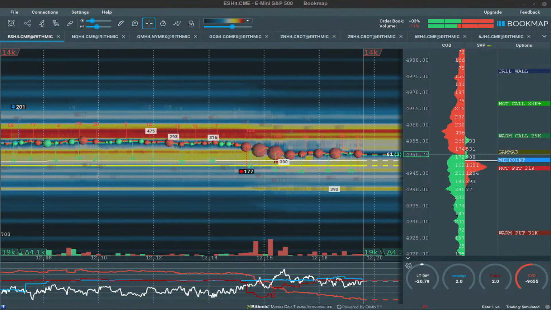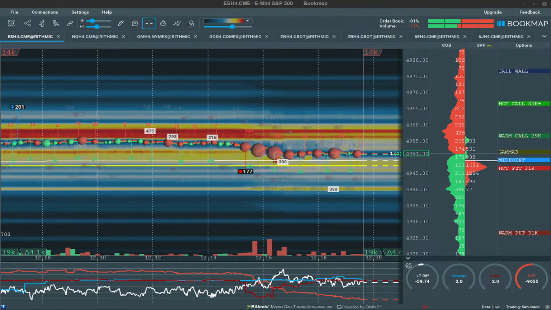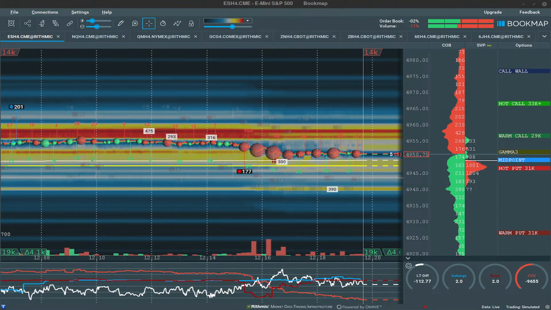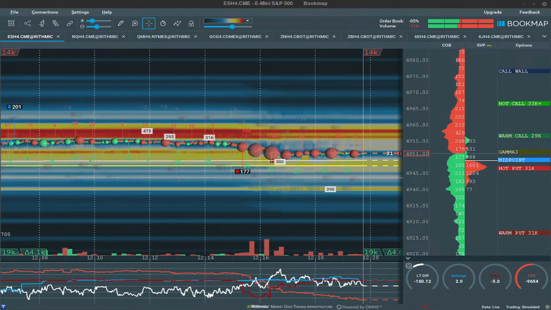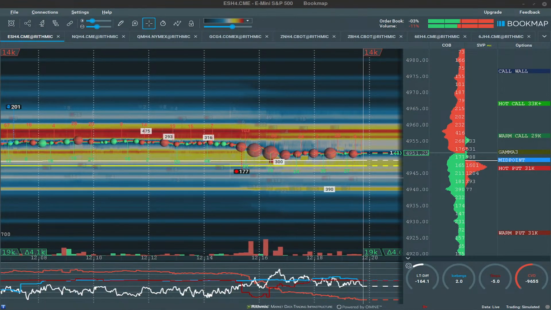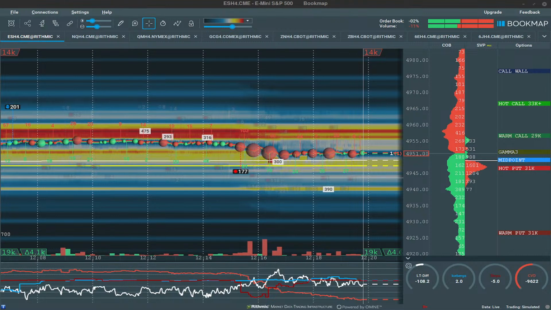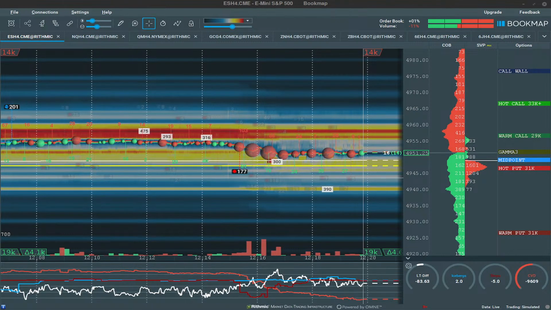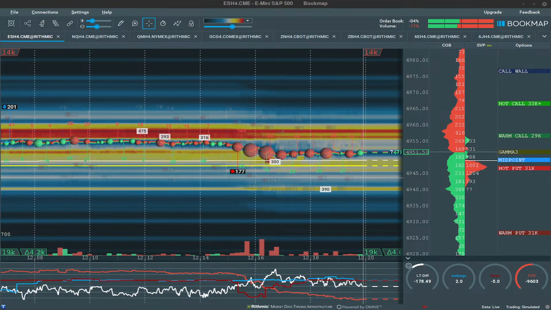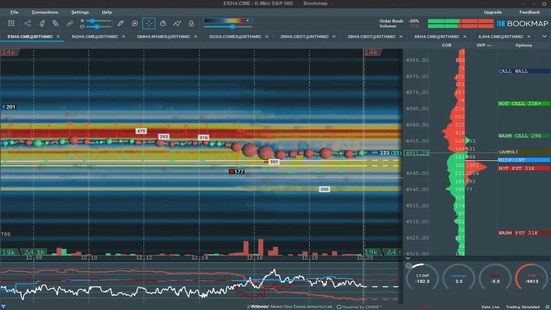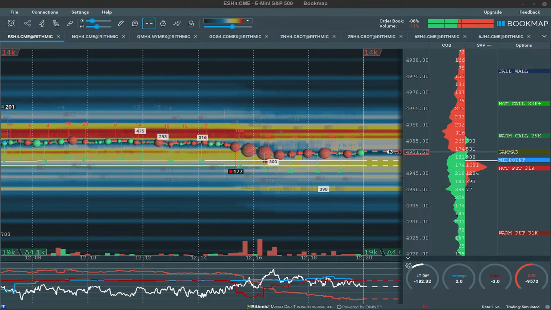So that's not a bad thing, but it means that we're in a market that is more in balance than in action, right? So if we look at classic auction theory and we apply it to options, we can see that the current dynamic in the market with a pretty even distribution of volume across these options is one of a market at rest, which is why we're at that midpoint.